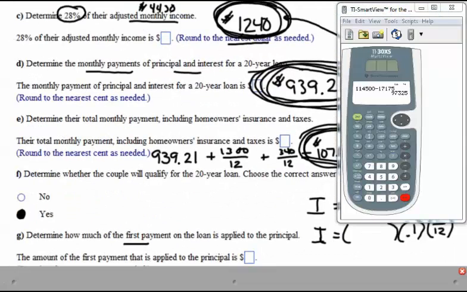So that is the principal, $97,325. And then what we do is we times that by 0.10 times 1/12. And when you times it by 1/12, really you're just dividing by 12. And that will tell you that the interest on that first payment is $811.04.